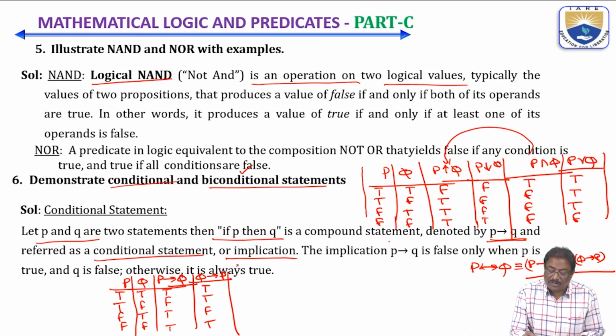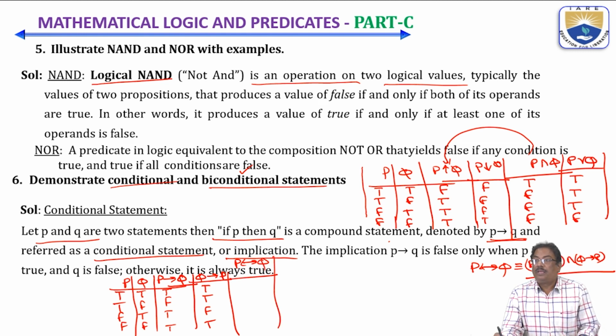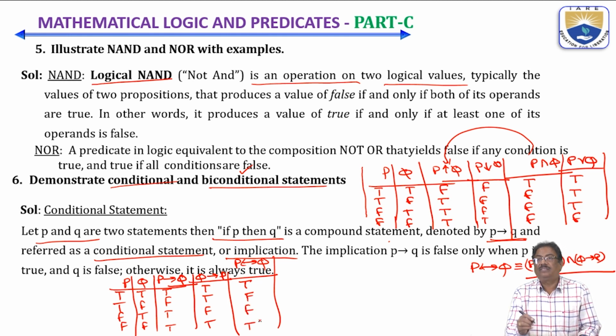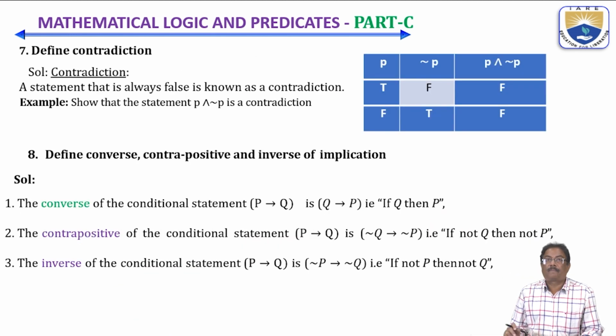Now I am going to find out what the biconditional is. Biconditional we denote with this, which is logically equivalent to if P then Q and if Q then P. If you perform the AND operation on these two, then it is true, then false, then false, then true. So this is the biconditional statement of P and Q. So the definition shows what the conditional and the biconditional are, and what their truth tables are.